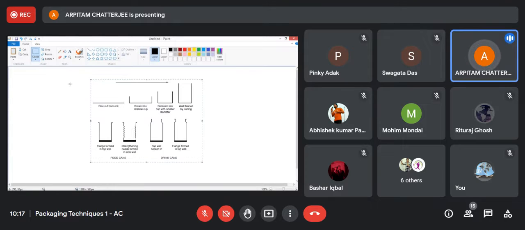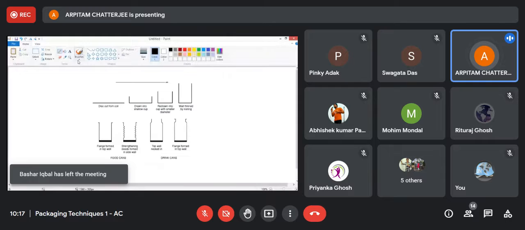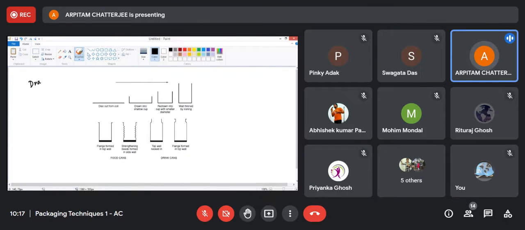This is the diagram of the DWI can making process. So please draw it first, then I'm telling. So this is called drawing and wall ironed, or ironing cans. Okay. So that is why it is short, it is called DWI can making. Please draw it, then I'm explaining this.